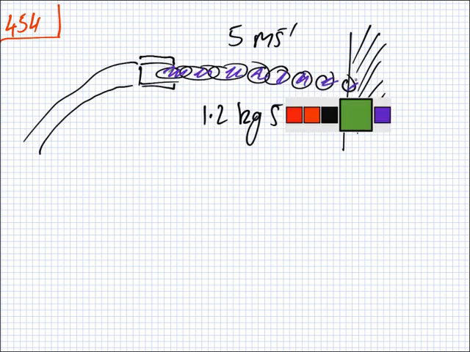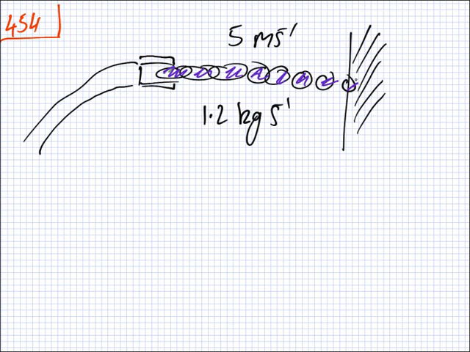Now, before I continue, I just want to explain what I'm thinking about this. Because it's 1.2 kilograms per second, I'm picturing the water as moving in 1.2 kilogram blobs of water.